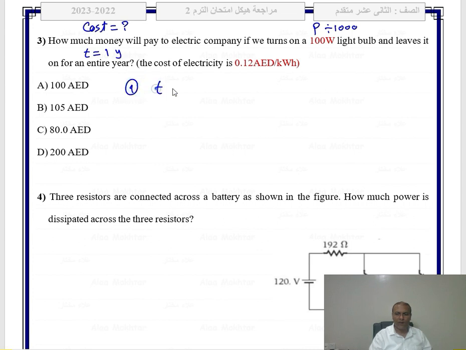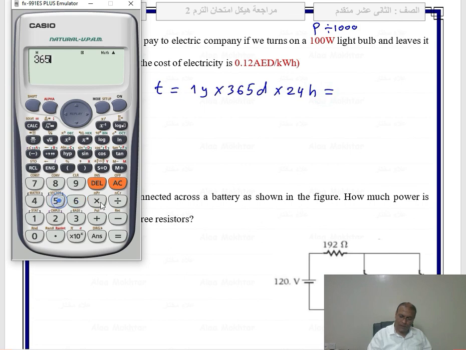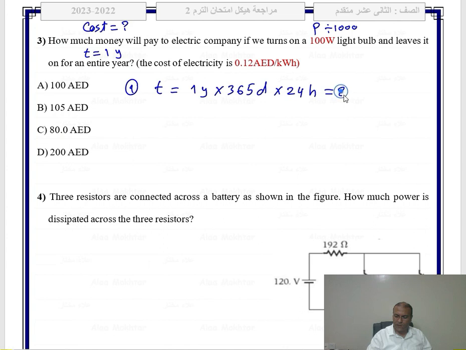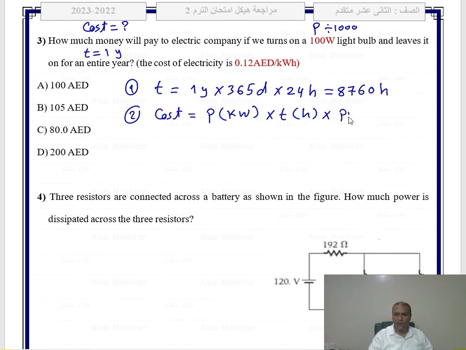Time equals 1 year. How to convert from year to hour? First step, time equals 1 year. A year is 365 days and a day is 24 hours. The answer is 365 times 24, 8,760 hours. The second step, cost equals power in kilowatt multiplied by time in hour multiplied by price.